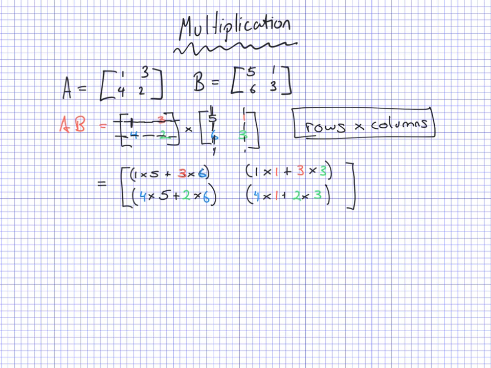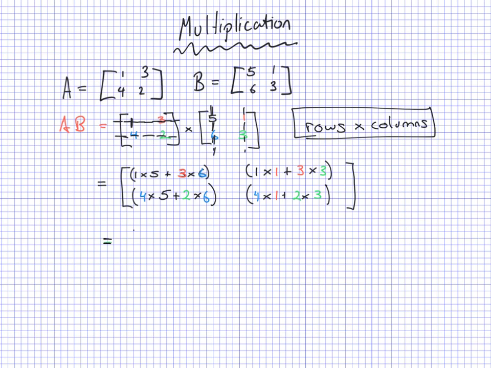Okay, and again to draw that parallel, you notice that in the top right position there's a 1 and a 3, and over here there's a 1 and a 3 as well. And all that's changed is the 4 and the 2 as they came from the bottom row instead of being in the top row.